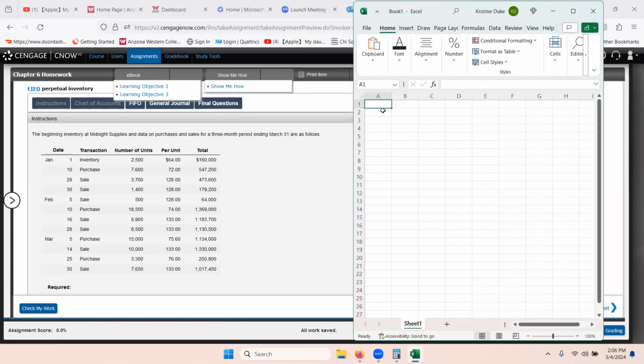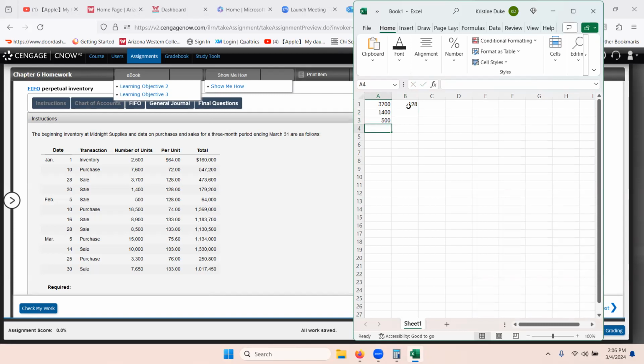Okay, so what I'm going to do is I'm going to come into every one of these cells. Now I know I have 3,700 units here at 128. The reason why I think it's going to be easier for me to do it this way is because we change prices here a couple of times. Well, just once, but we're changing prices and we're changing quantity quite a bit. 1,400, and then this is 500.